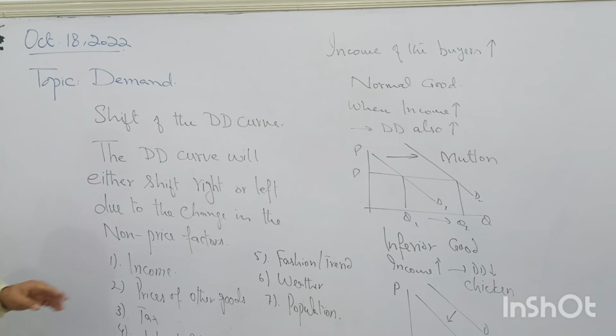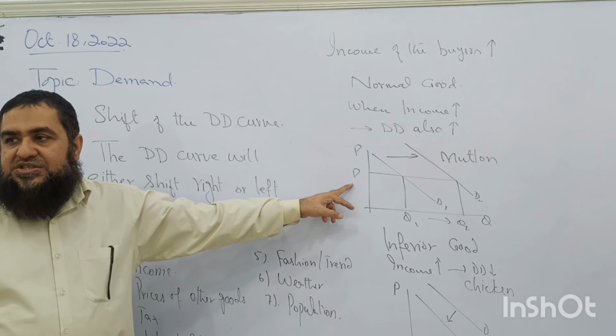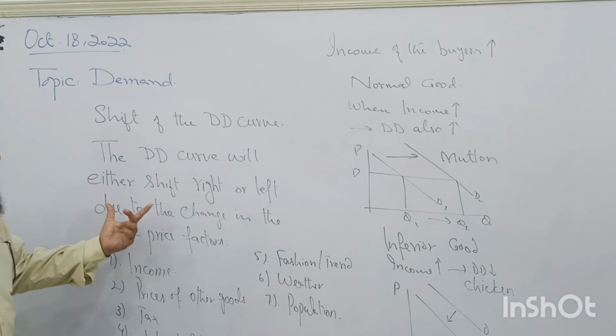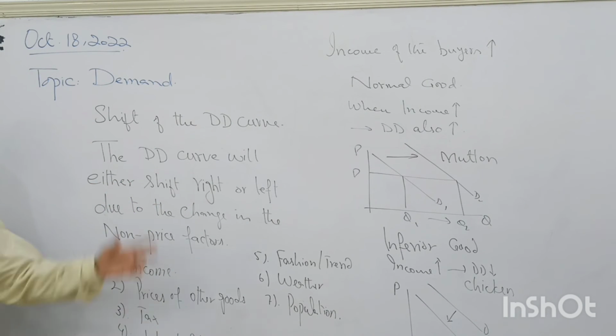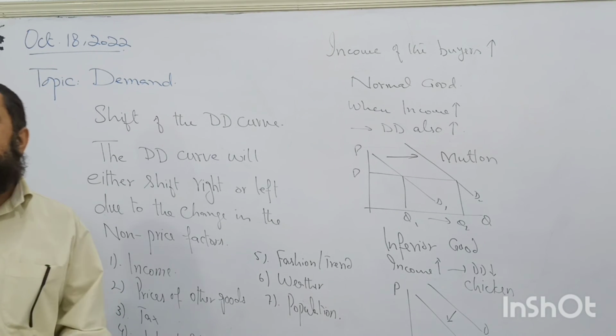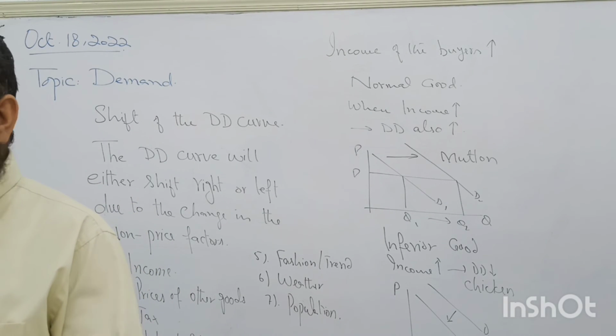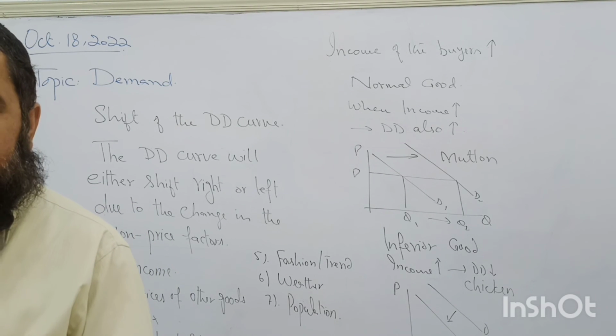Please be attentive. We haven't changed the price. Price hasn't changed. Due to these non-price factors, demand is going to change. Follow my point? Now, what about tax? If tax increases on income, what happens? Tax increases on income, so disposable income, what is disposable income?